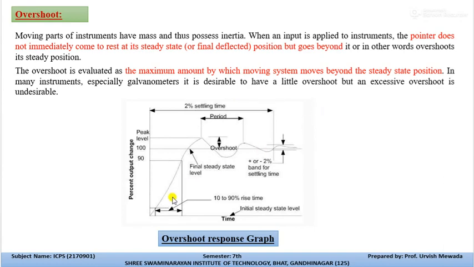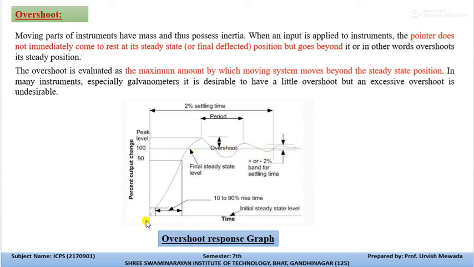Now overshoot, this is associated with pointer deflection. This is the time taken to show the response according to the input, and this is the percentage output change. Here we are measuring, suppose, 100% over here. This is the 100% line.